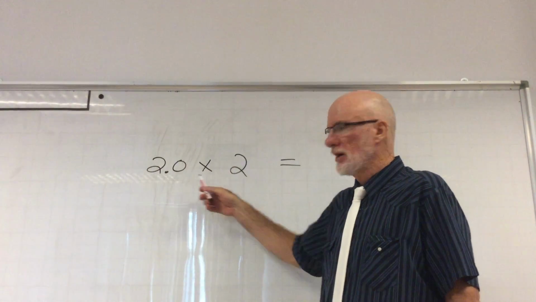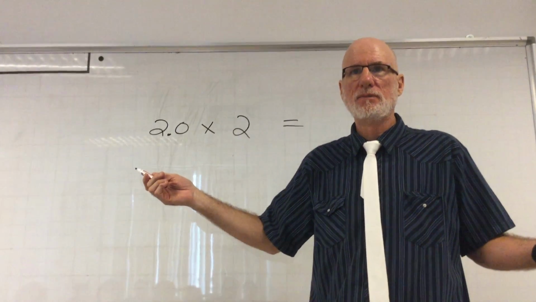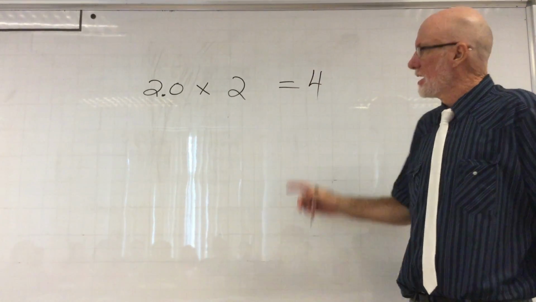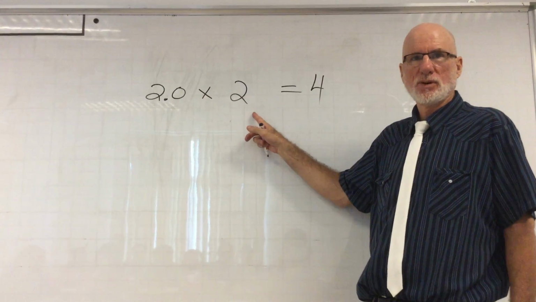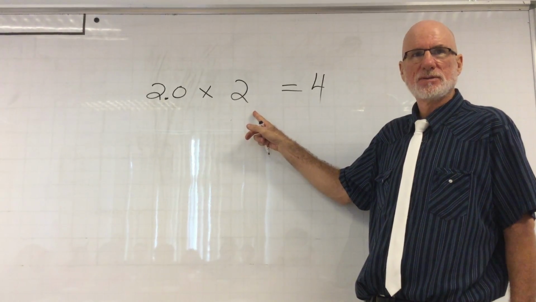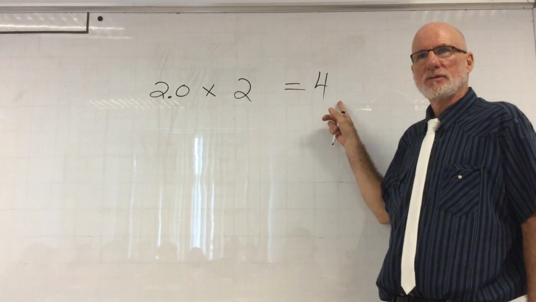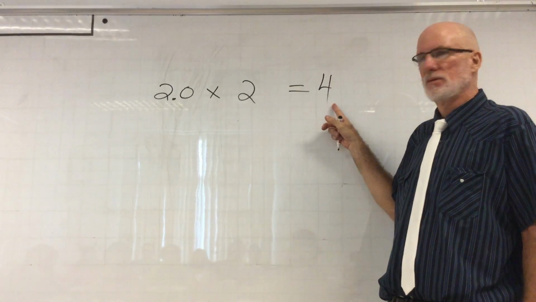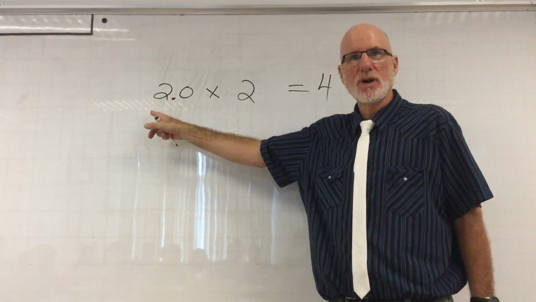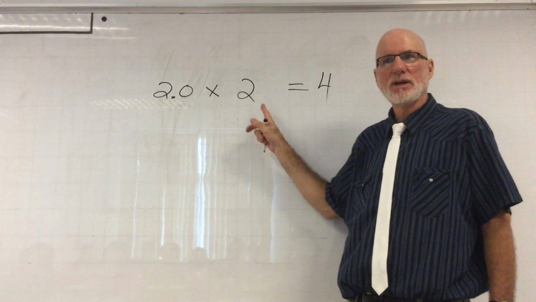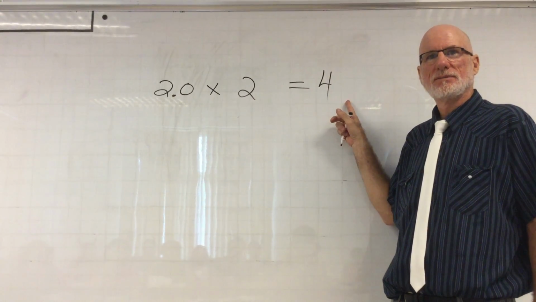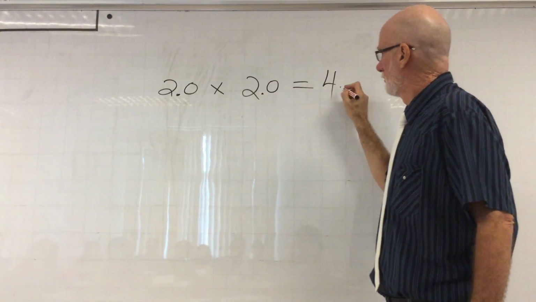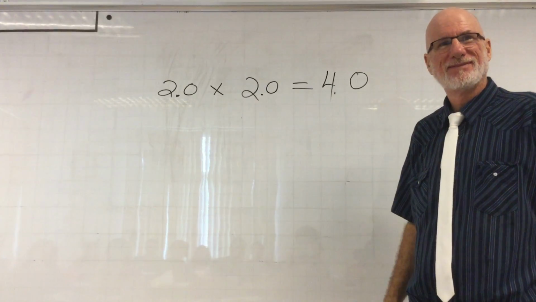I have 2 significant figures here, I have 1 here. How many are in my answer? 4 and 0. No. 4 is the answer. When multiplying or dividing measurements, my answer must have the same number of significant figures, 1, as the measurement with the fewer number. 2 here, 1 here, 1 here. Make sense? Weird, huh?